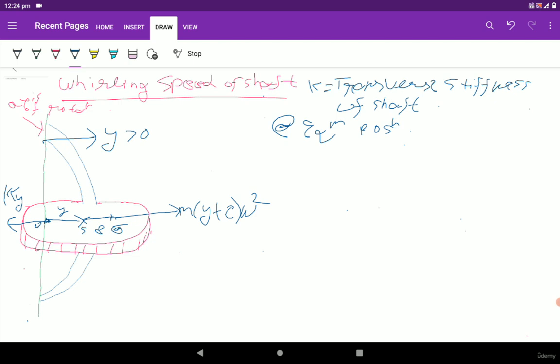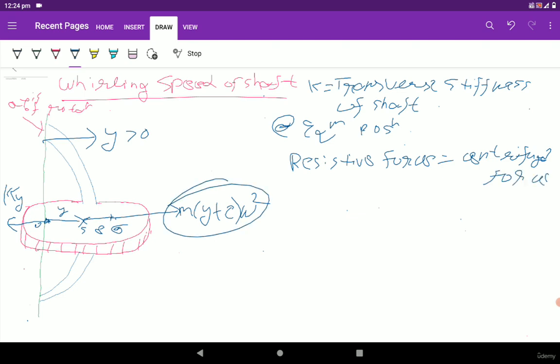resistive force is equal to the centrifugal force. So this is the centrifugal force, and this is the resistive force. So the resistive force, k times y, is equal to the centrifugal force, which is m times e plus y times omega square.